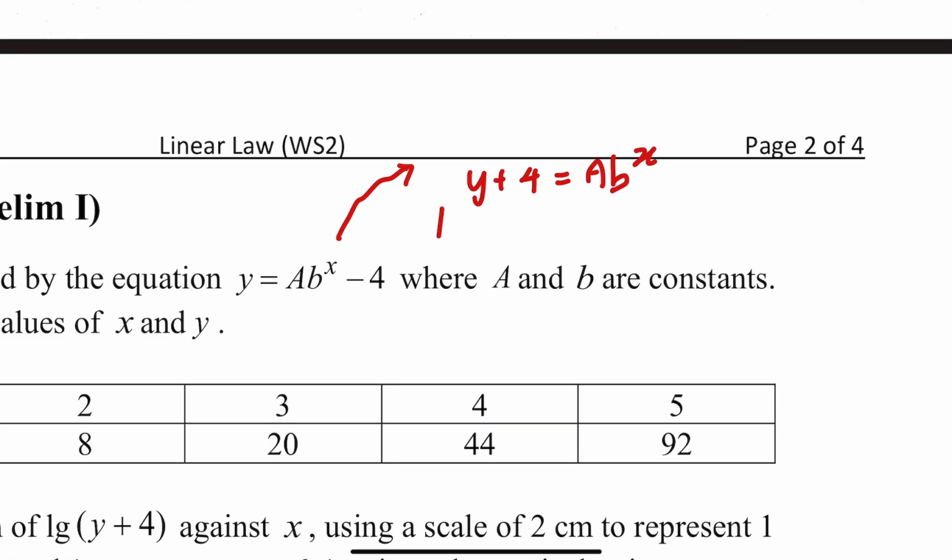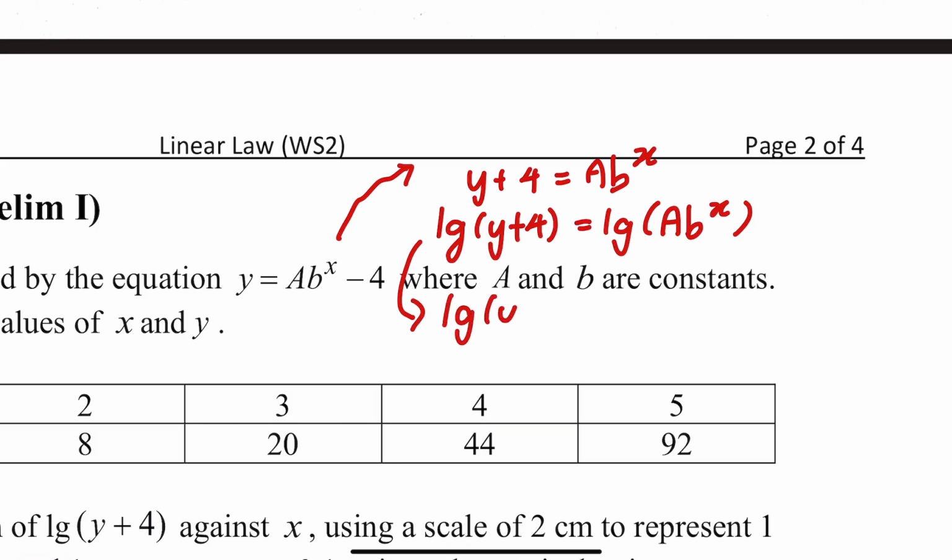This is lg, which means log base 10. So lg of y plus 4 is equal to lg of ab to the power x. Remember, I log the entire left side and right side. Then by the product law, I can continue to split this apart. This means lg of y plus 4 equals lg a plus lg b to the power x.